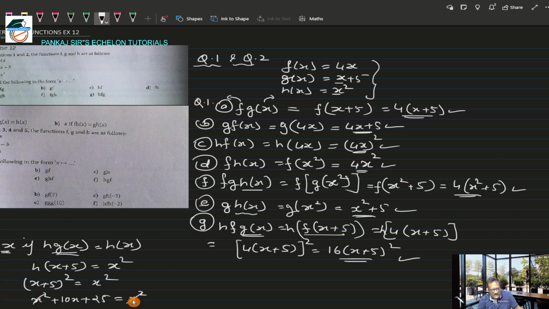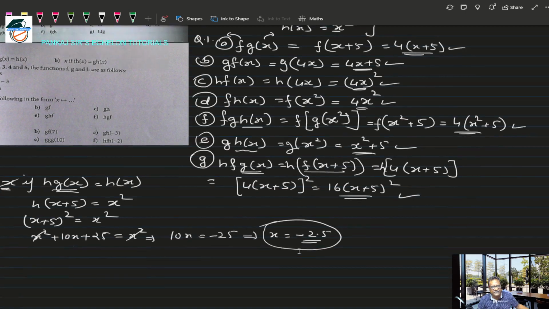This x square gets cut away. So I'm left with 10x equal to minus 25, and this gives me x equal to minus 2.5. So my x is nothing but minus 2.5. That was question number 2a.